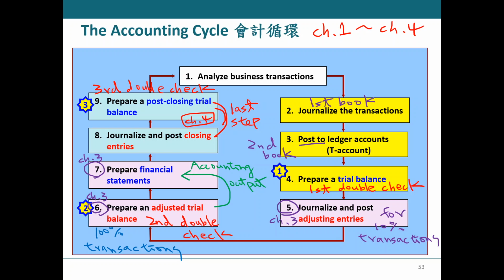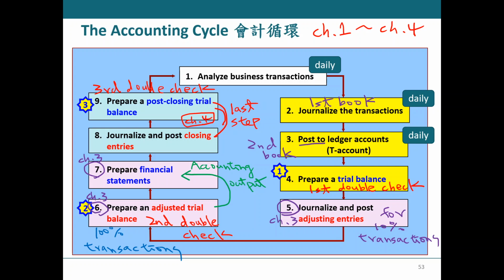Anyone? Steven? Every day, yeah. Analyze transactions, record the transactions. How often do we need to do that? Every day. Why? Because based on which accounting standard, which accounting requirement told you to do that?